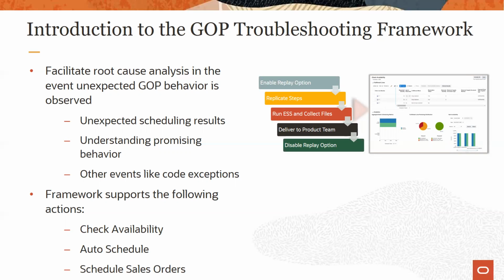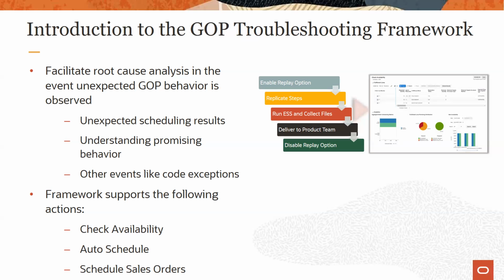The other possibility is when you want to further understand promising constraints like insufficient input information available for GOP to promise, or how GOP promised when certain boundary conditions came into being. And the third case is one where there are unforeseen events or potential exceptions.